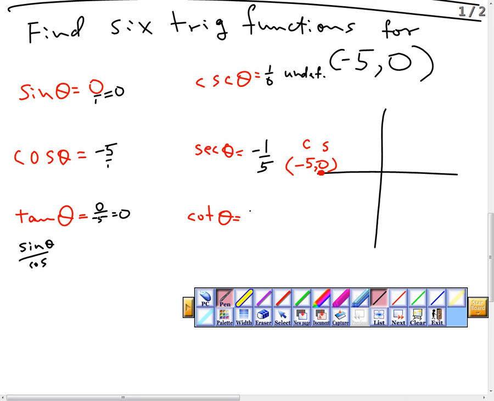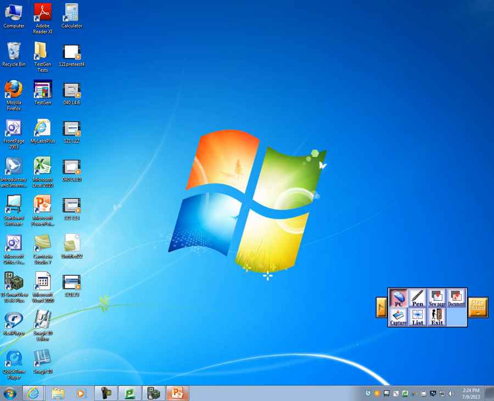Because if you took 0 and -5 and flipped it, you'd have -5 over 0. That's undefined. All right, good. Questions with that? That help clear things up a little bit more for you guys? All right, good. Okay, and that is lesson 24.